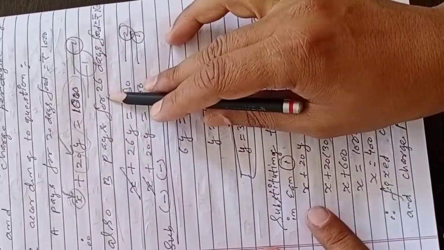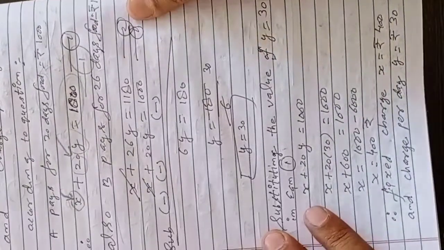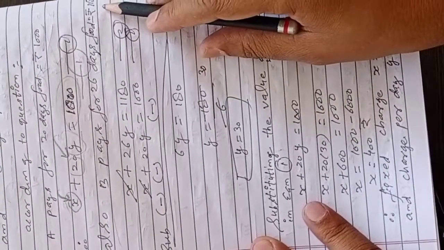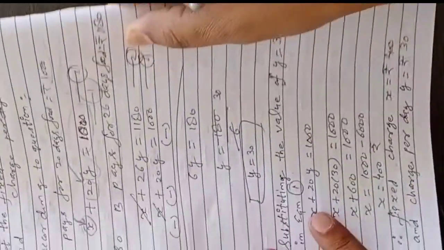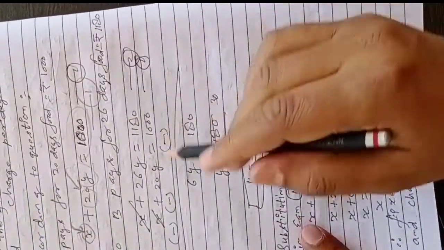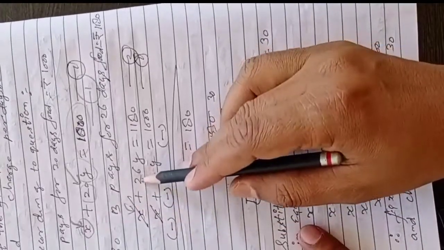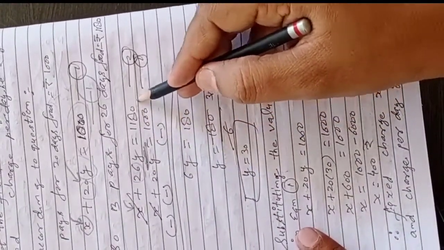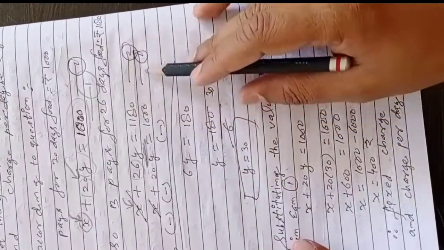Now also B pays for 26 days food rupees 1180. So fixed charge plus 26 into charge per day is equal to 1180. So these are the linear equations.